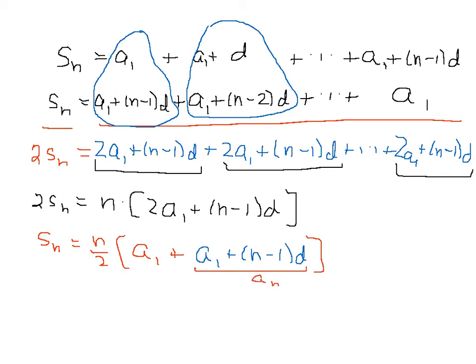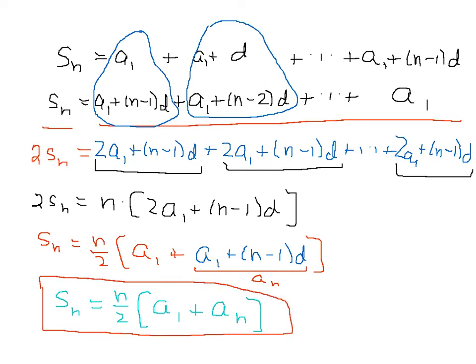So therefore my formula, let's pick a new pretty color. My formula for the sum of the first n terms of an arithmetic series is n over 2 times the sum of the first term plus the last term. And yes, indeed, that's a big deal. Let's put a box around it. Another big formula.